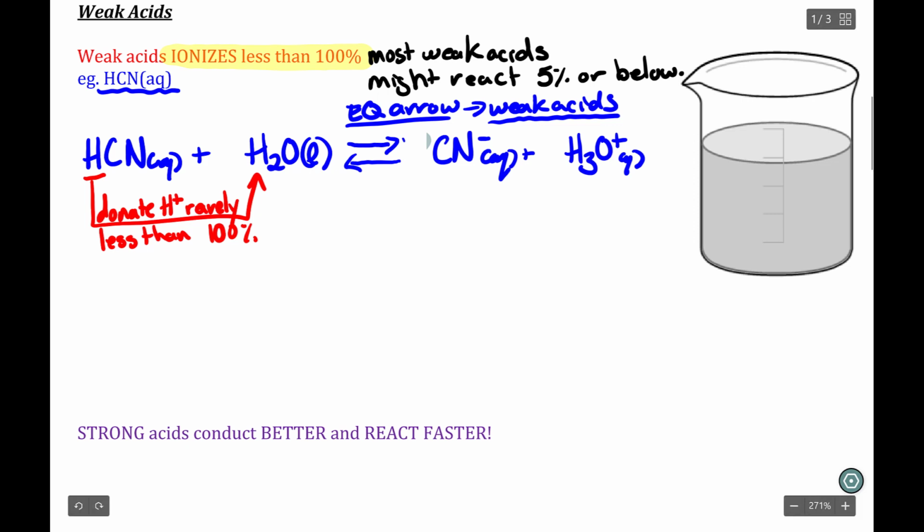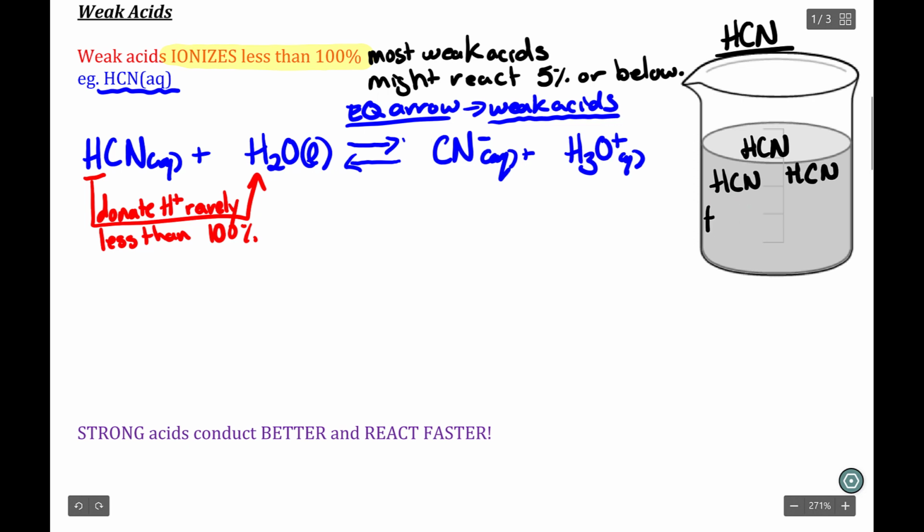So if I was to look at a beaker like this one and it was labeled HCN, I would actually find tons of HCN in there. Lots and lots and lots. Again, because HCN is a polar molecule, it's happy to stay dissolved in water.